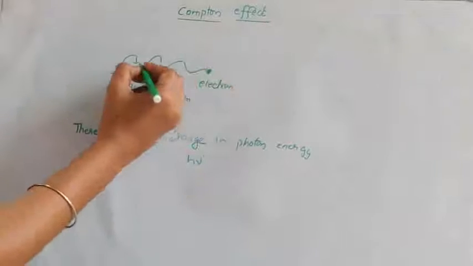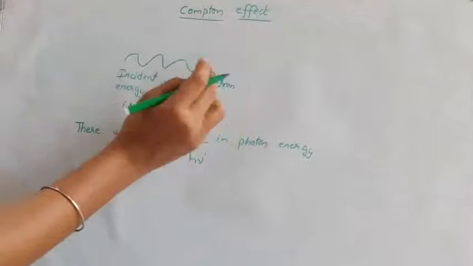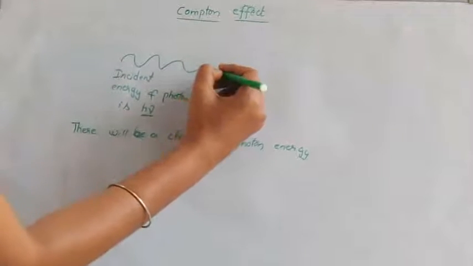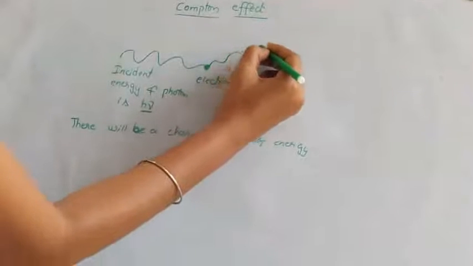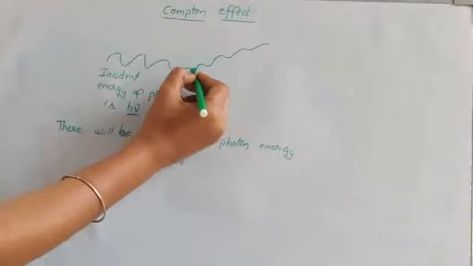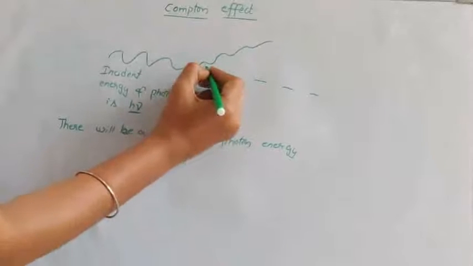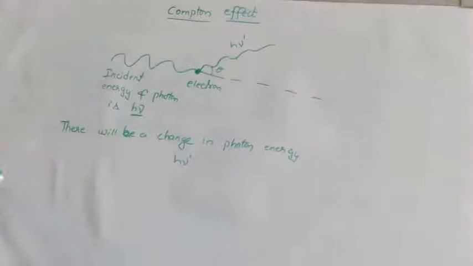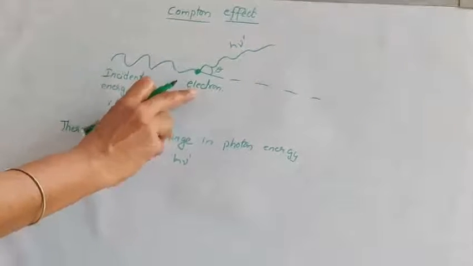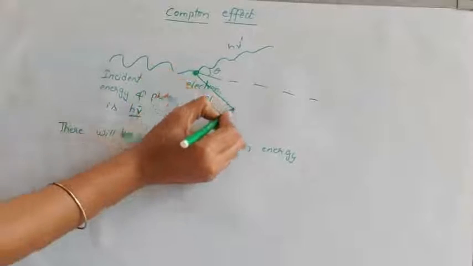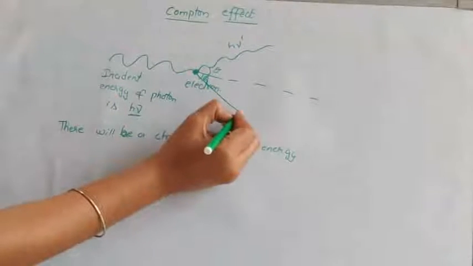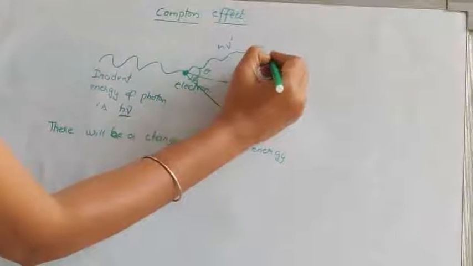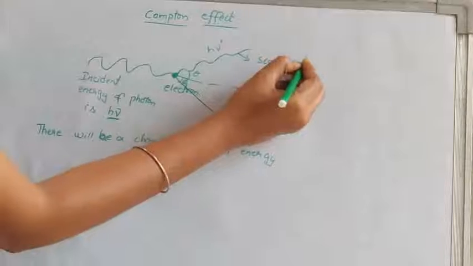Now I am assuming that the incident photon scatters at an angle theta, and the electron also scatters, at an angle phi. This we call the scattered photon.